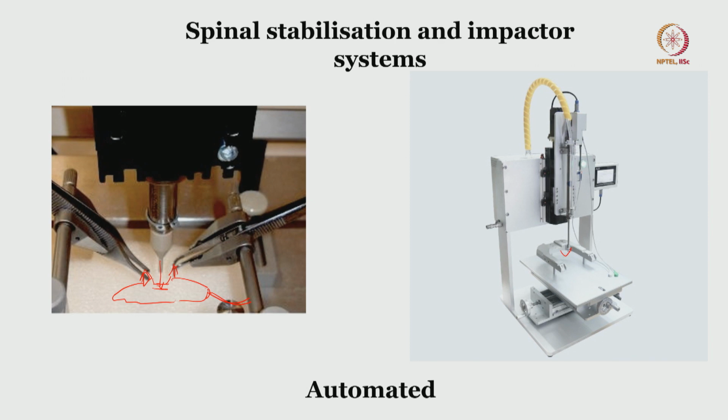Similarly here, the exact amount of force can be calibrated and adjusted, and only that specific force will be delivered to create a controlled contusion of the rat's spinal cord. Unlike the mechanical impactor, where the accuracy is a little low and the injury may be more than what is expected.